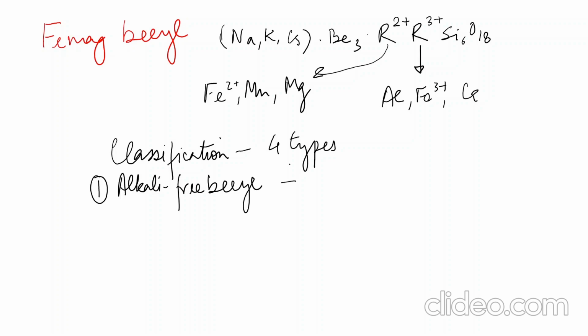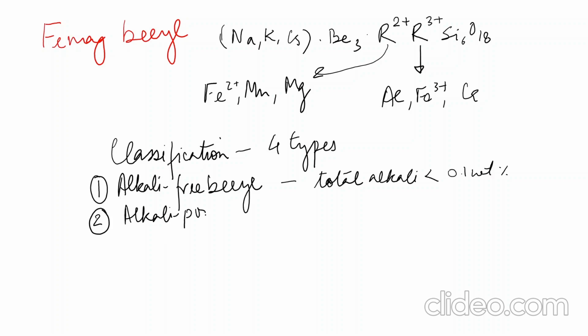Here the total alkali is less than 0.1 weight%. The second type of beryl is alkali poor potassic and sodipotassic beryl.